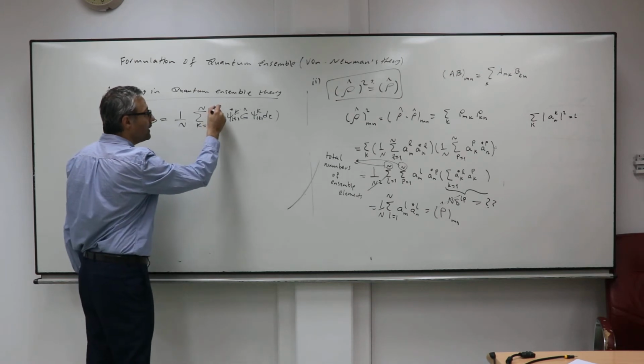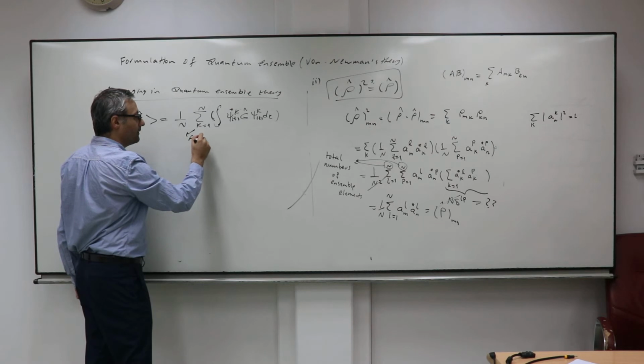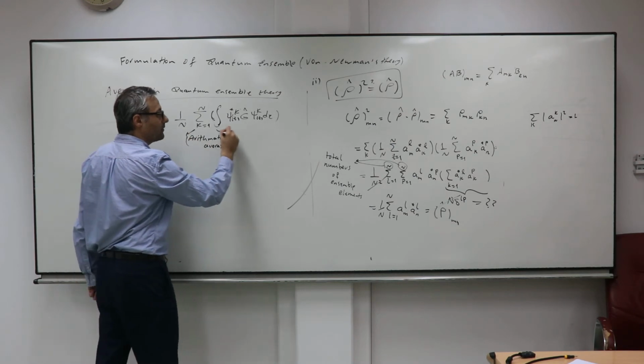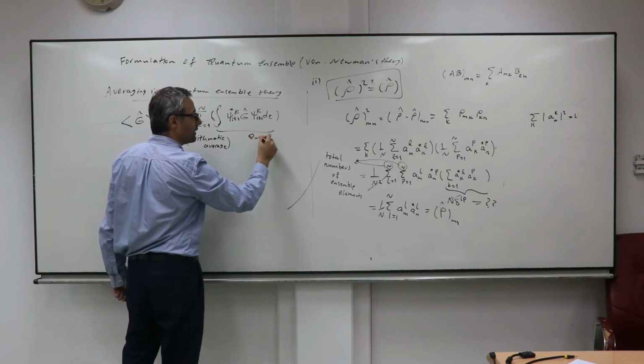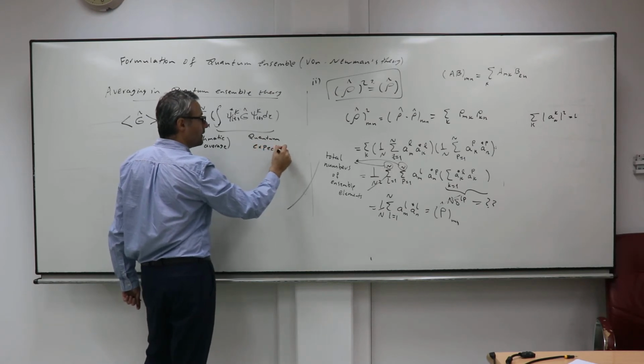You collect all of them as the answer, so you need to make another average. This is the arithmetic average, and this is the quantum expectation value. This is very important.